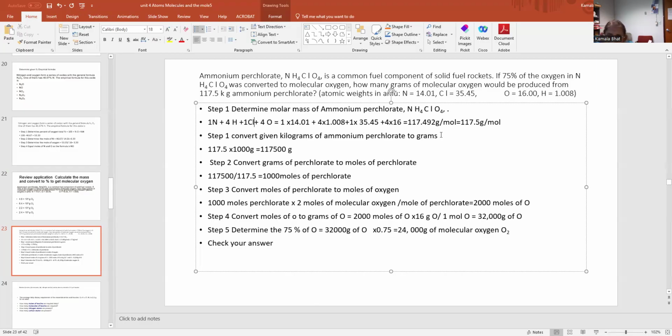Convert the moles of oxygen to grams of oxygen by multiplying by 16. Then you determine 75% of that and you get the answer as 24,000 grams of molecular oxygen. And then you solve it.